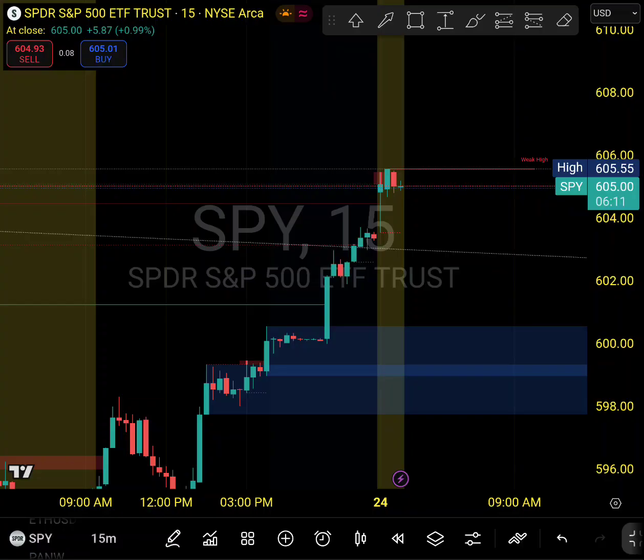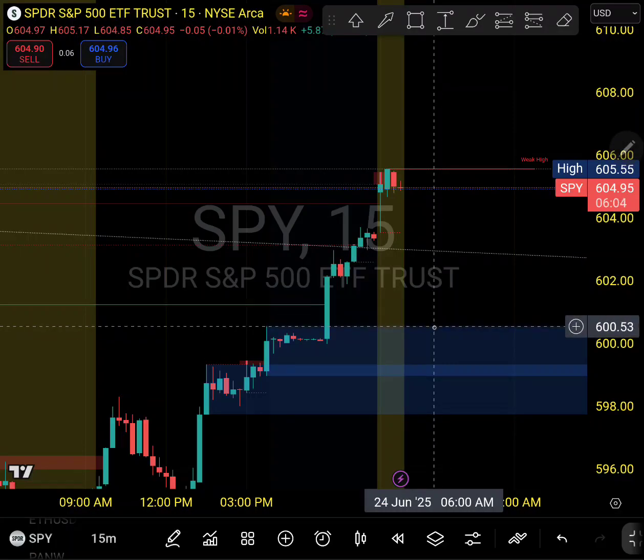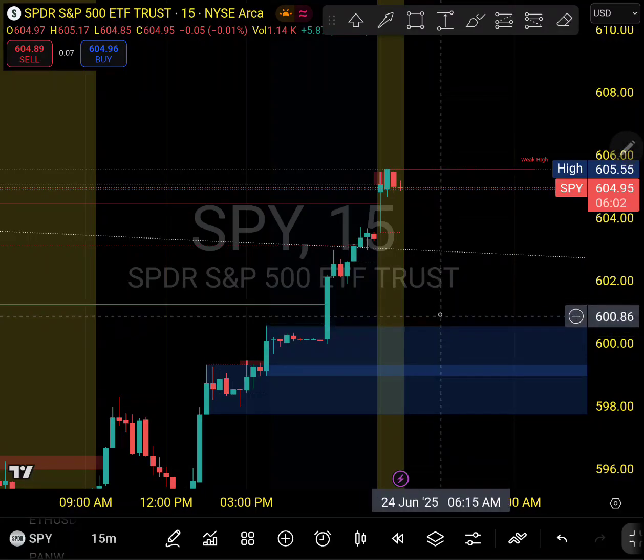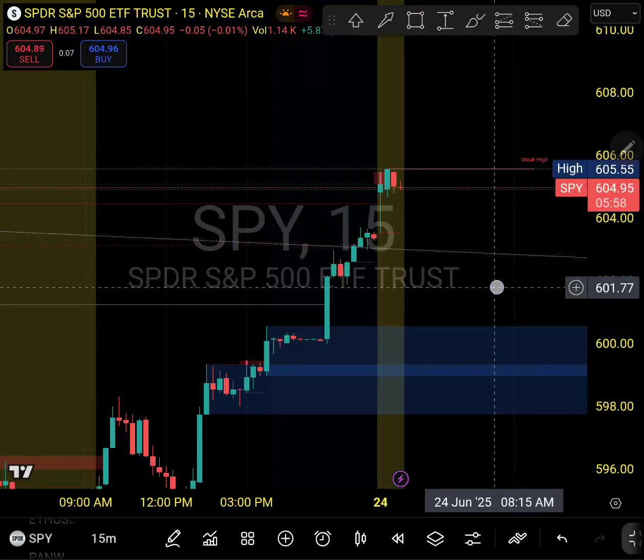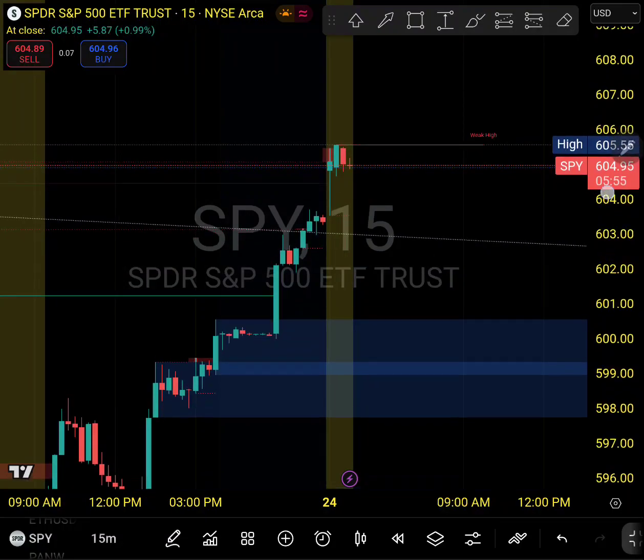So 600 was a very good resistance for the market. And when the market crosses this 600.50 level, it will now act as a support.